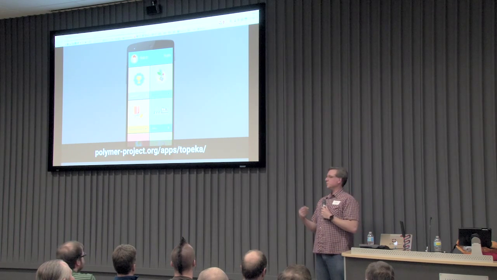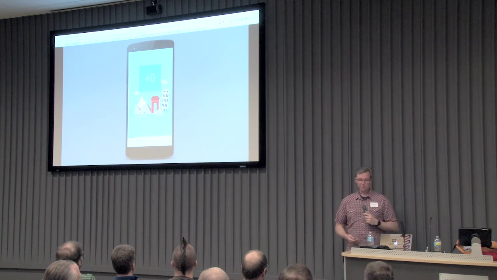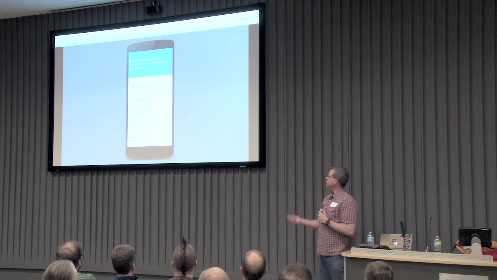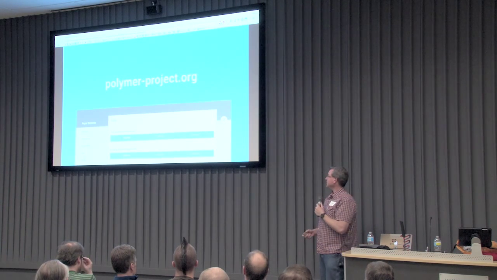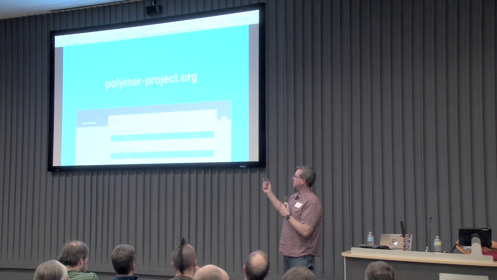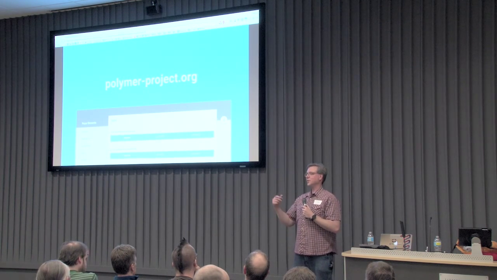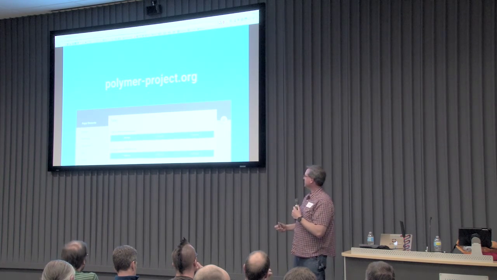And that's all built with Polymer and custom elements. So here's a walkthrough of that. We don't have time to touch on all of the elements that are available, but definitely head over to polymerproject.org, where there's a talk about the library of all of the elements that are available.